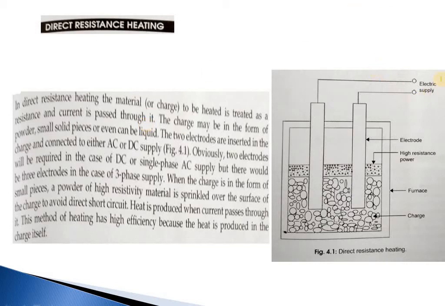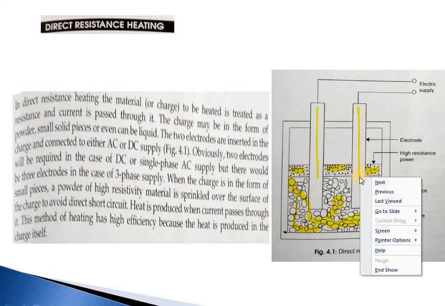Here this is a liquid form. Here the charges are moving, and this is the high resistance powder. It is put above, and two electrodes are inserted here, like this.